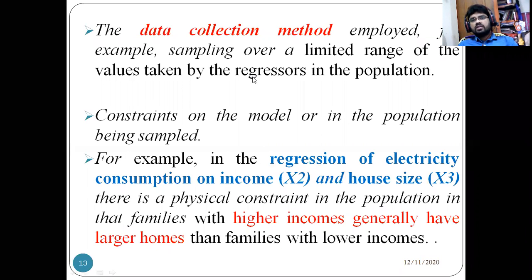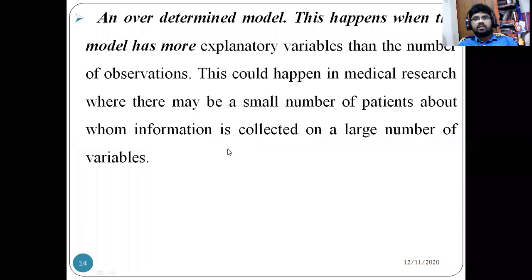As we discussed earlier, the data collection method and over-determination of the model. When you take into account the explanatory variables, the number of observations matters. If you have taken only 10 observations and you take more than 10 independent variables, you may get a multicollinearity problem.